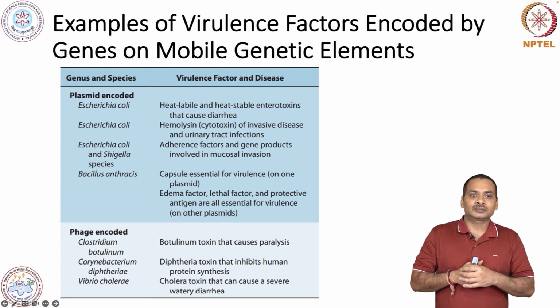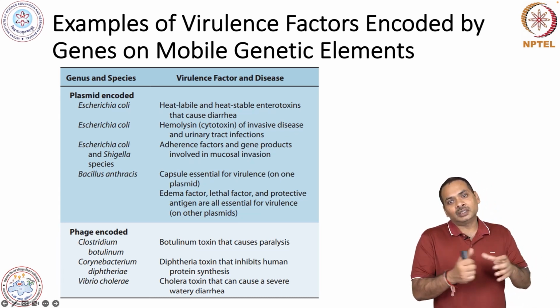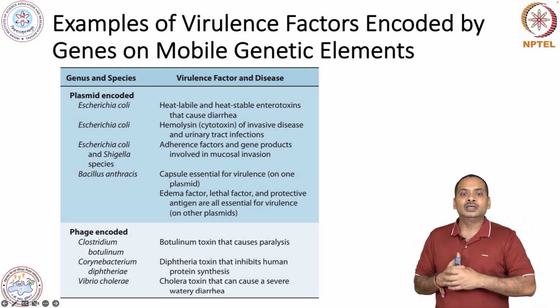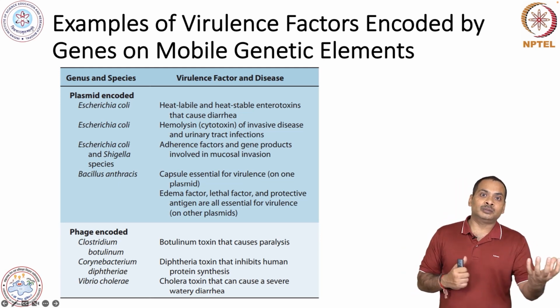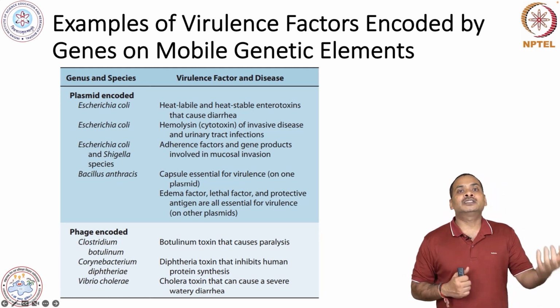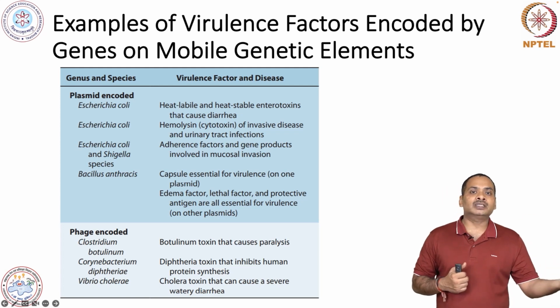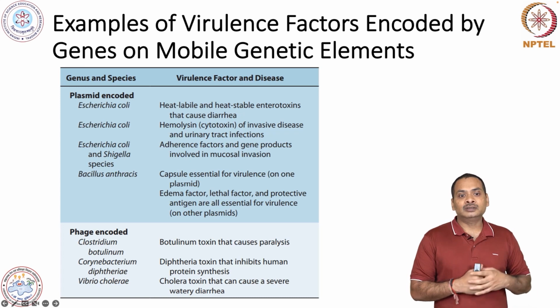This extrachromosomal DNA encodes these enterotoxins, which cause the diarrhea. For example, if you take a non-pathogenic Escherichia coli and put this plasmid in these cells, then it will become pathogenic.